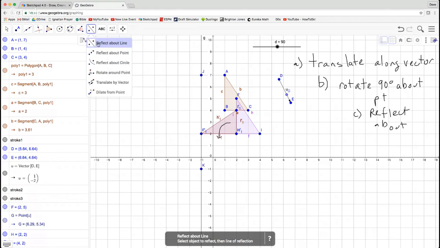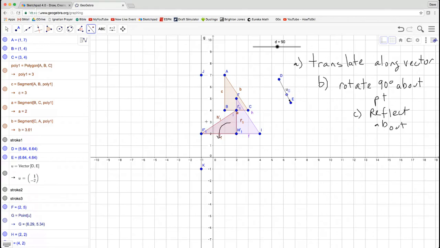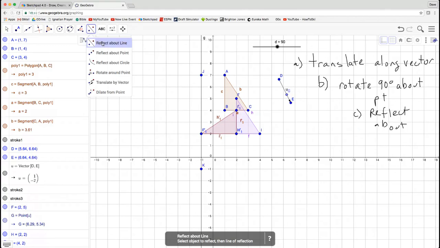Let's see, reflect about a line. Why are we not... Oh, it's because this guy is causing problems. Just a second. Reflect about line.